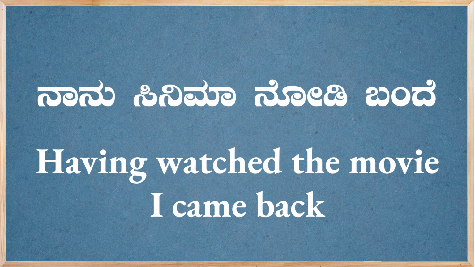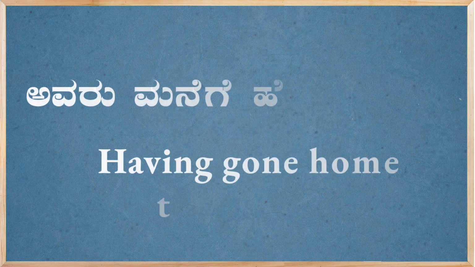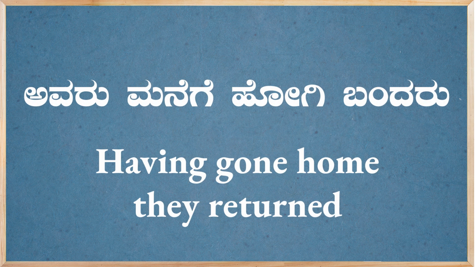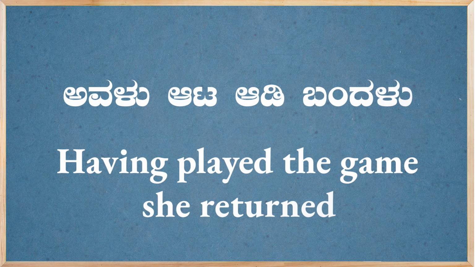Having watched the movie, I came back. Avaru manege hogi bandaru. Having gone home, they returned. Avalu aata adi bandalu. Having played the game, she returned. I hope this segment helped you understand the usage of e suffix in verbal participles. Now, try making your own sentences using this structure.